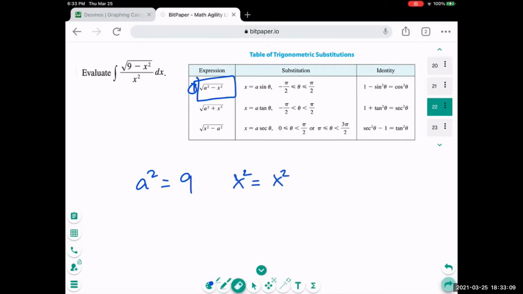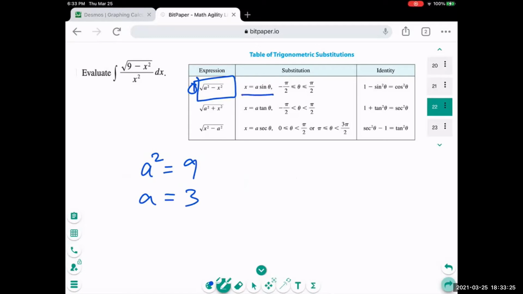So basically, yan yung ating gagamitin. So your substitution would be, so a squared equals 9. So a is 3, right? At sinabi dito, we will use a substitution x equals a sine theta. Since a is 3, so x would be equal to 3 sine theta, right?